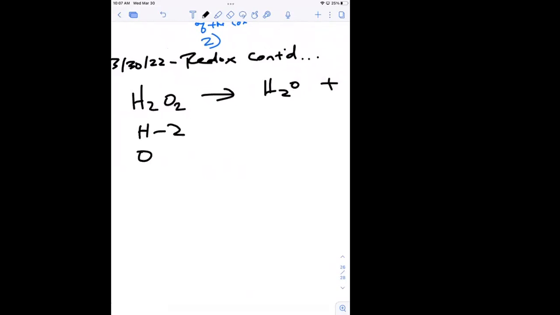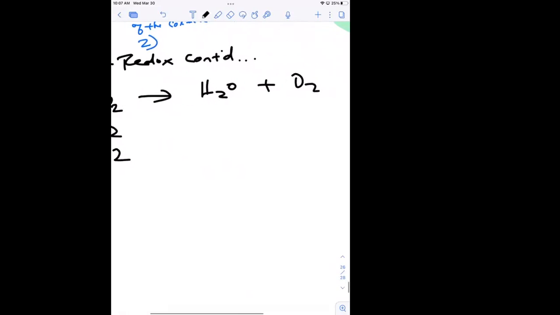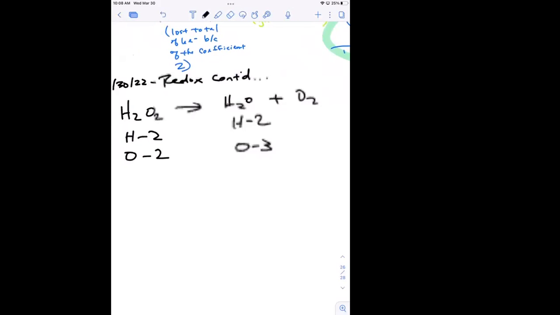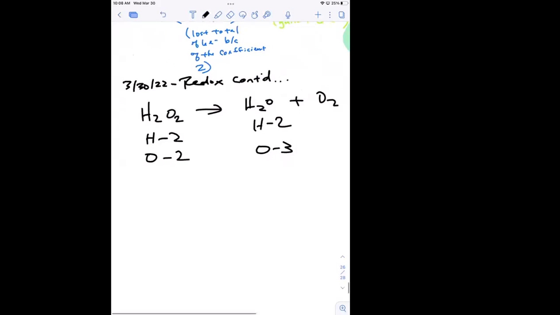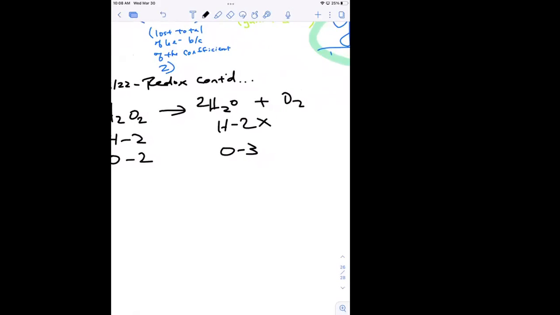Over here, we've got two hydrogens and 3 oxygens. So you want to put a 2 in front of here. Is that what you're saying? Yes. That's going to be times 2.